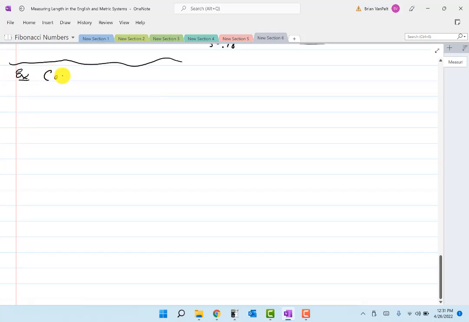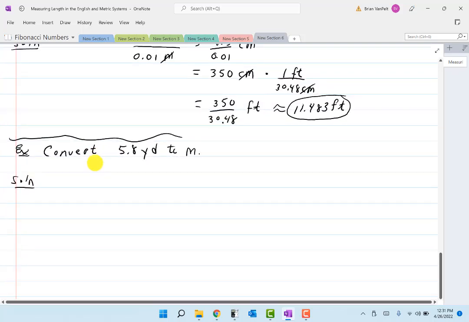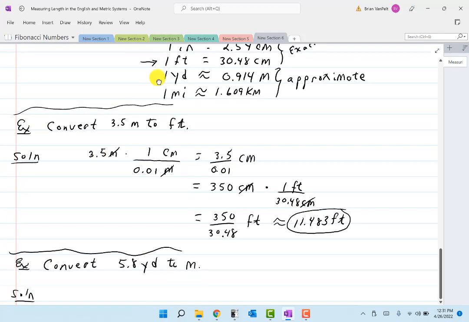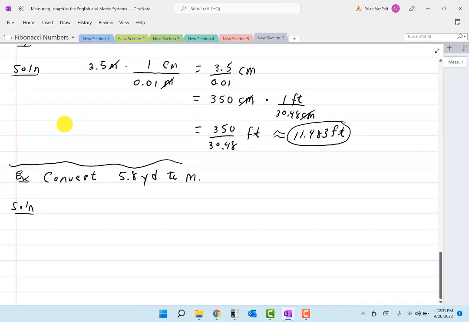Next, let's convert 5.8 YD to meters. Let me see if I have a direct connection between YD and meters, and that'll make it easy. I do. Right here, I have a direct connection between YD and meters.